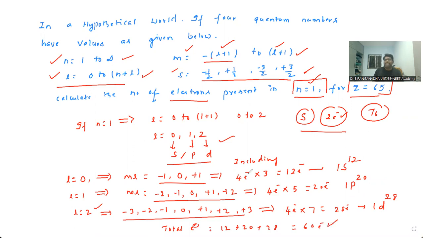This is including zero. Now calculate excluding zero. For example, L equals 0: how many possibilities? Minus 1 and plus 1. 0 is not considered.